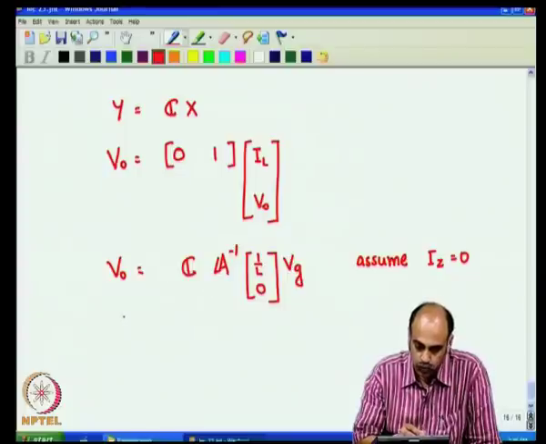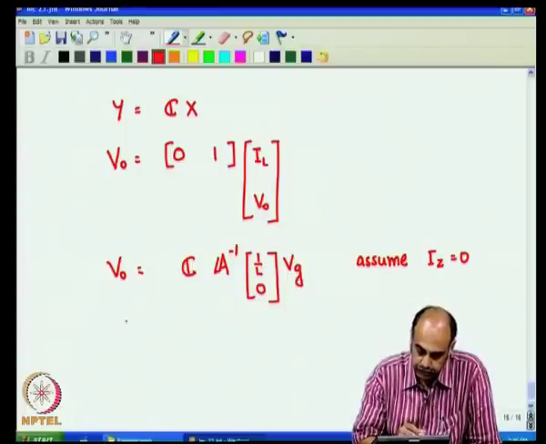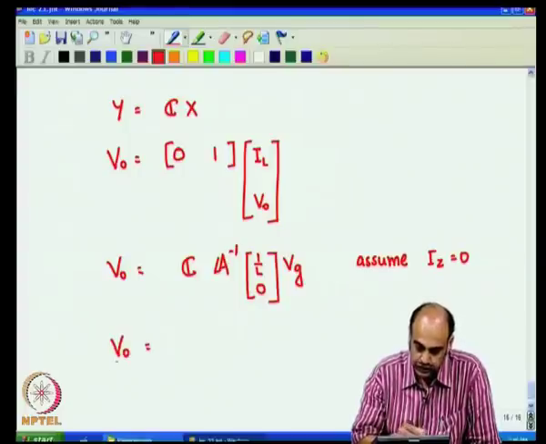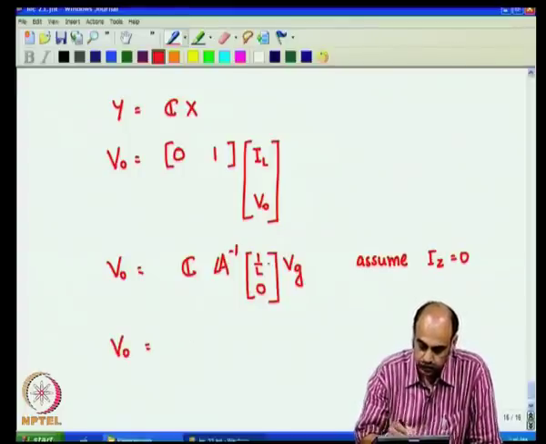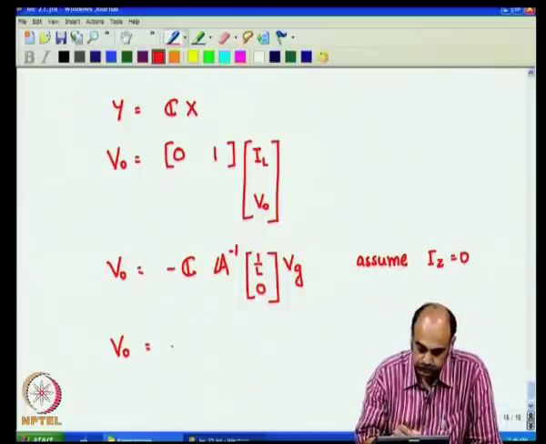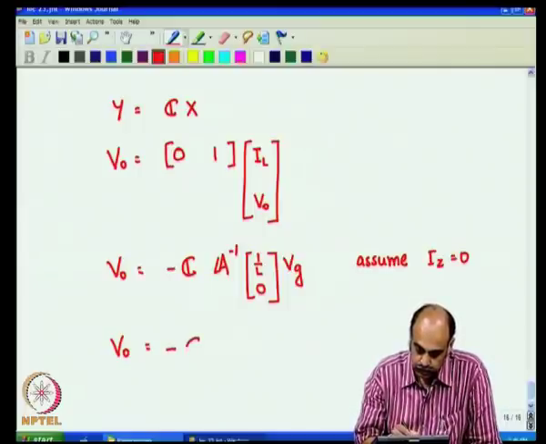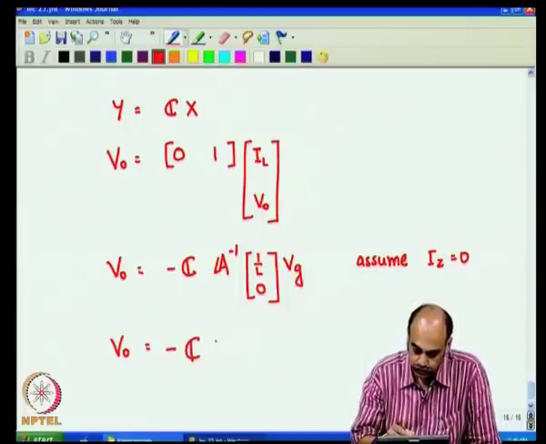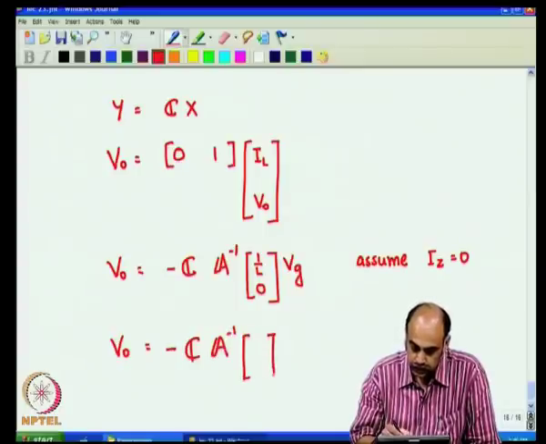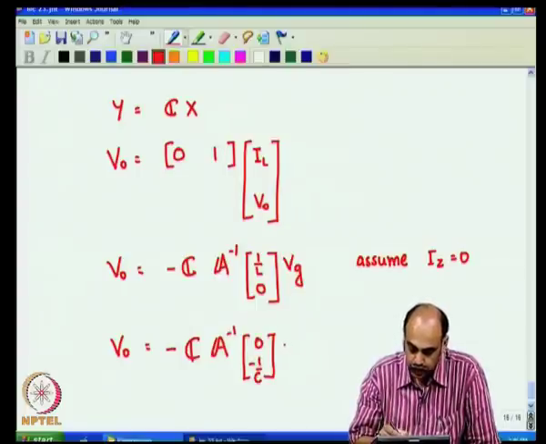Likewise, you could also get the transfer relationship V naught with respect to I z. Sorry, this is a minus here. C A inverse. Now, the B matrix corresponding to I z.